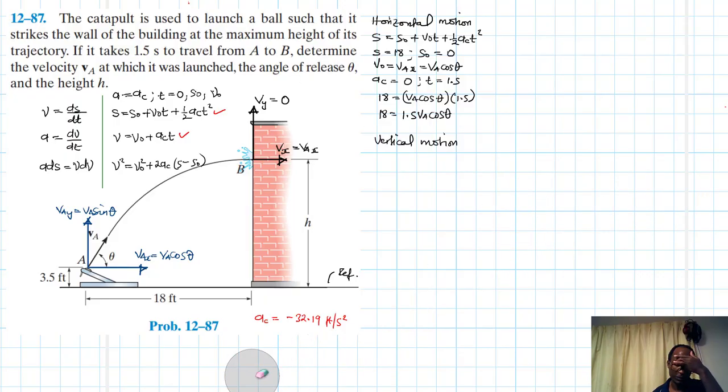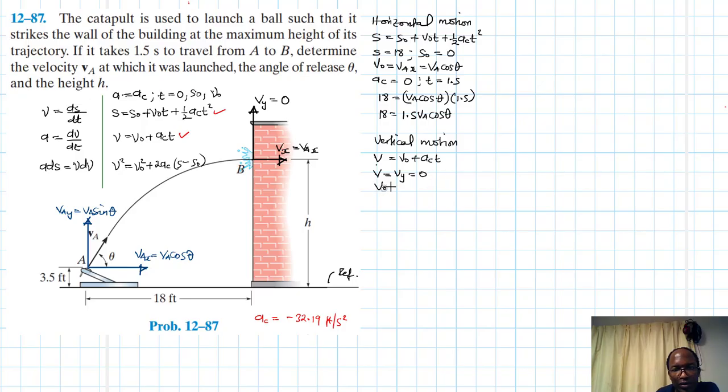Alright, so with this, let's go ahead with that equation. V final Vy, so we are using this equation, V final is equal to V naught plus ACT. V is equal to Vy at the very maximum height of the trajectory, and this is equal to 0.